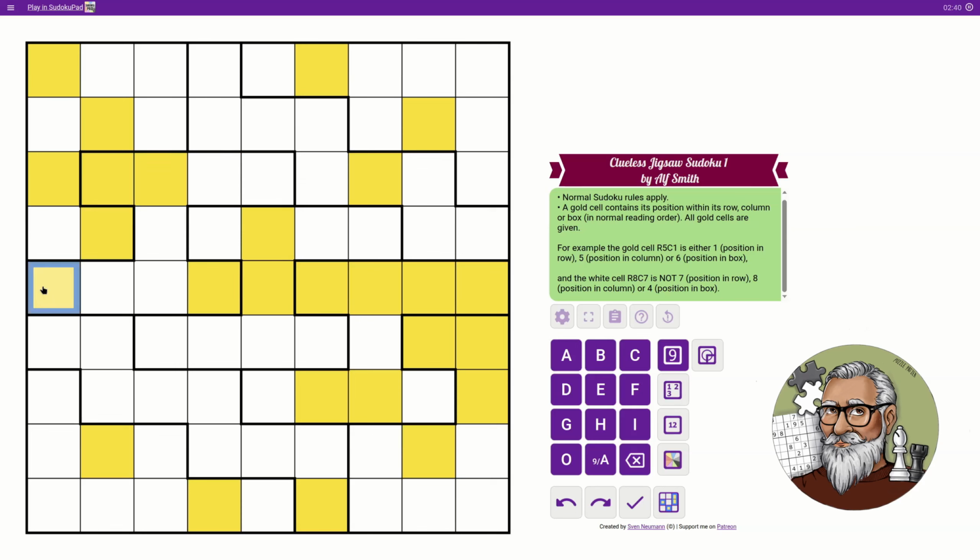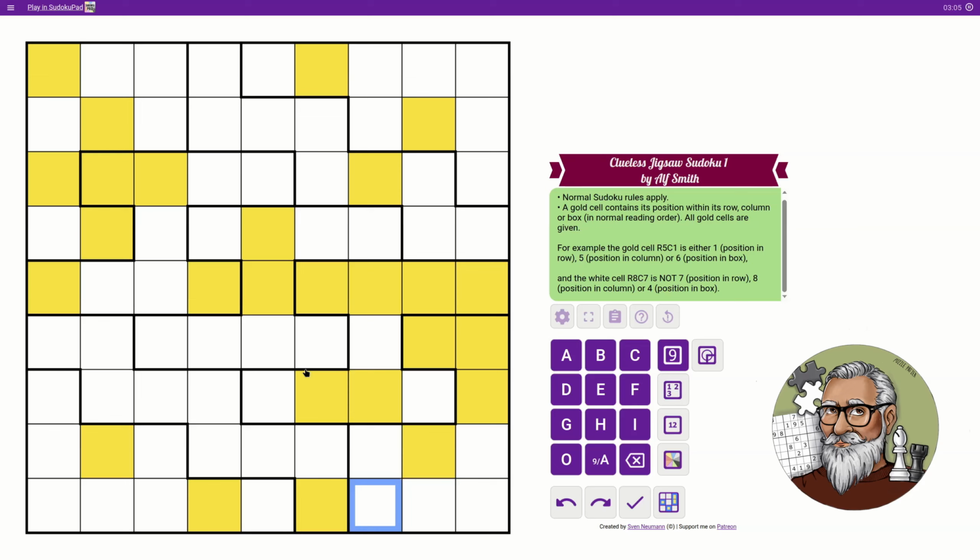Correct. And the white cell R8C7, row 8, column 7, is not 7, 8, or 4, which are respectively the position in the row, column, or in the box, because we do have the negative constraint. All gold cells are given, which makes this very, very interesting.